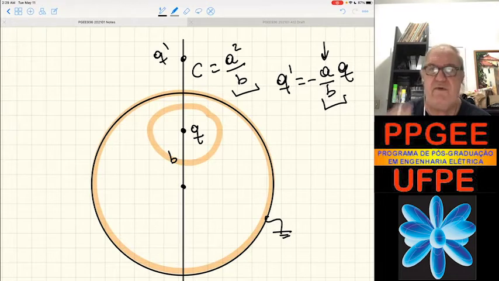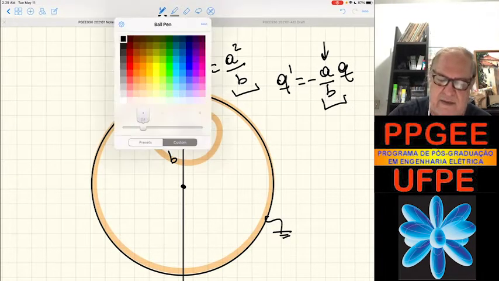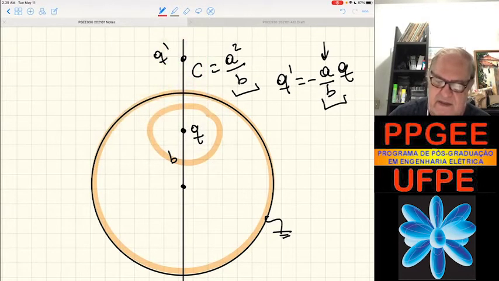Now all the field lines that leave Q end on the inner surface of the sphere, right?